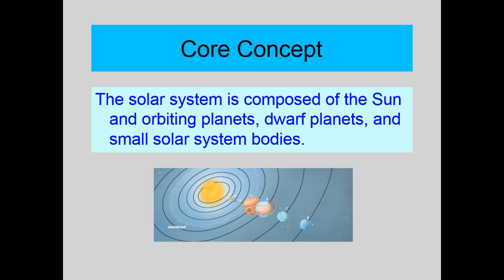We used to have 9, but they reclassified Pluto to be a dwarf planet. And there are some other dwarf planets too, so we'll talk about those. And then the small solar system bodies, which includes asteroids, comets, and I forgot to mention meteors. Meteors are out there as well. And then something I didn't mention was moons.